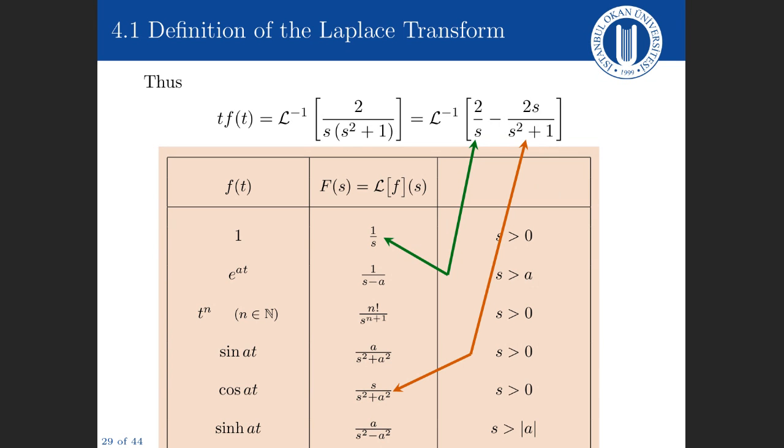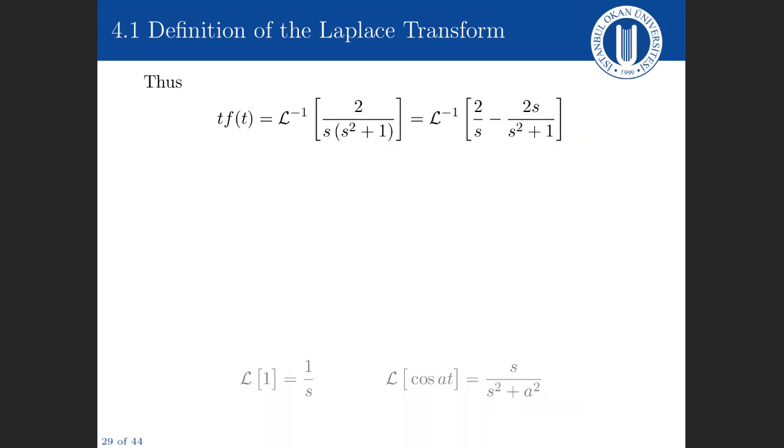And here it is. The Laplace transform of cos at is s divided by s squared plus a squared. We write these at the bottom. The Laplace transform of 1 is 1 over s. The Laplace transform of cos at is s over s squared plus a squared.